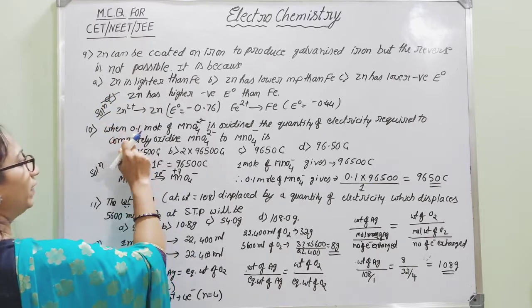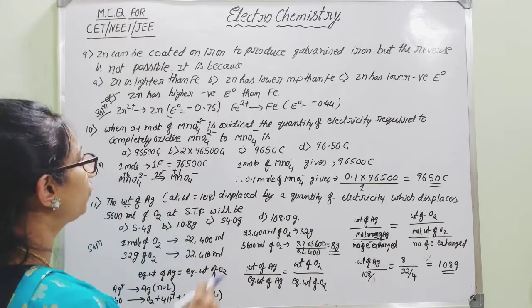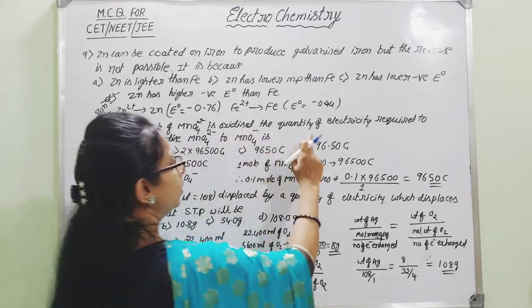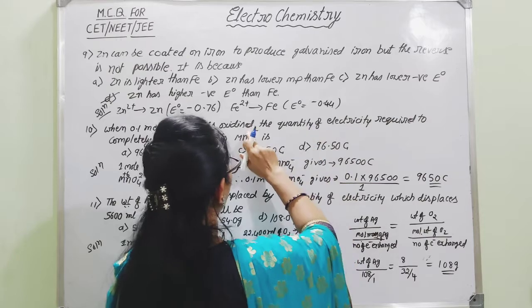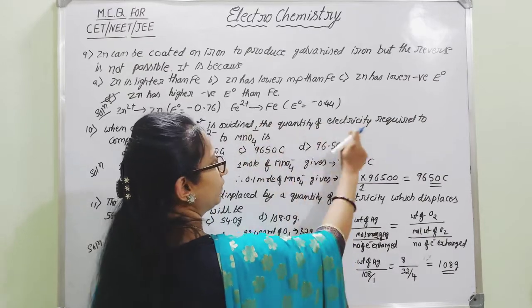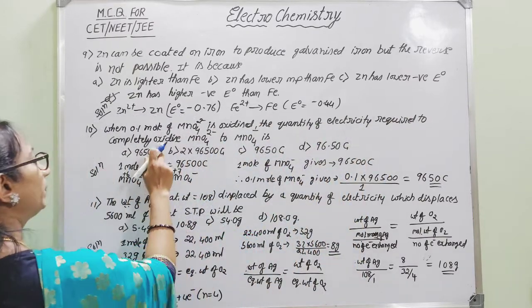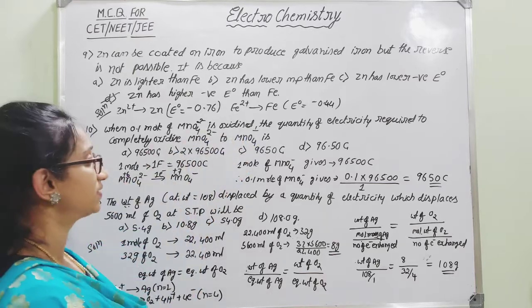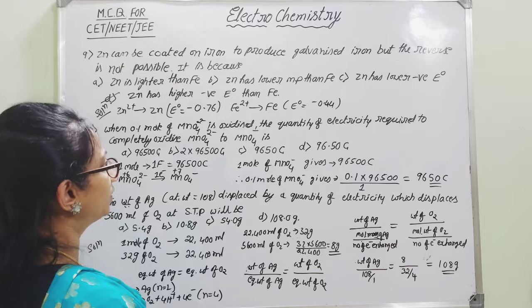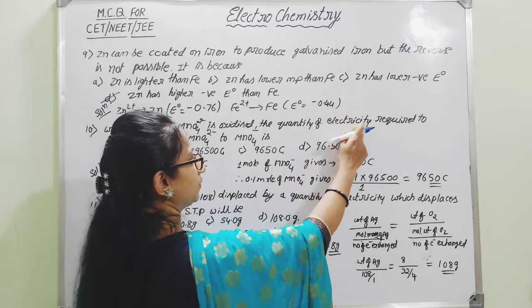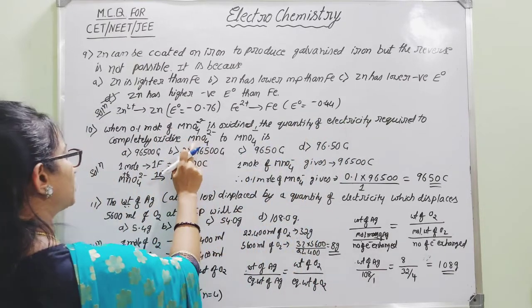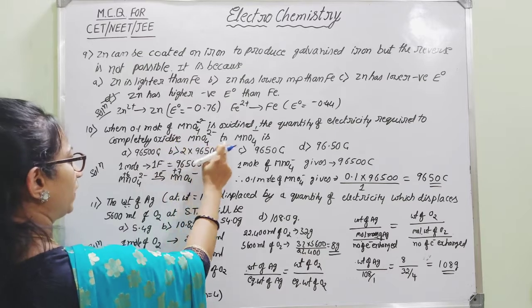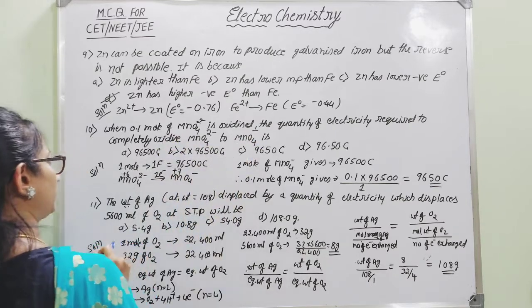Next question. When 0.1 mole of MnO4 2 minus is oxidized, the quantity of electricity required to completely oxidize MnO4 2 minus to MnO4 minus is being asked.